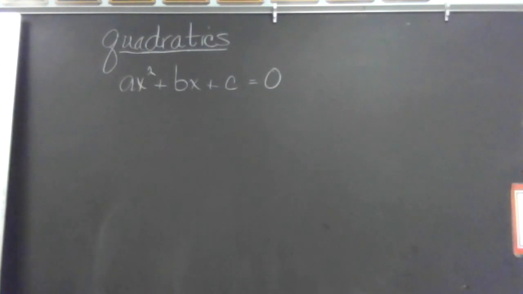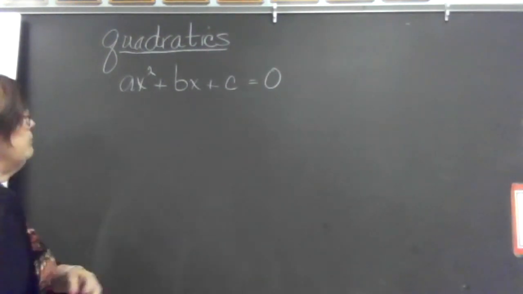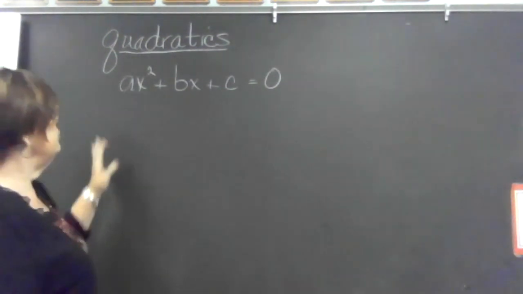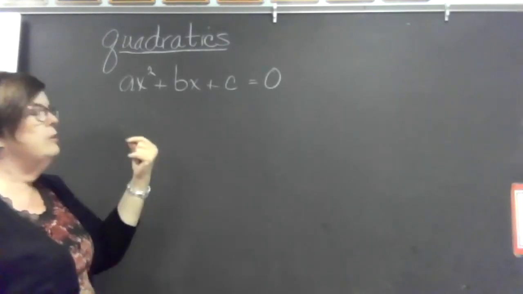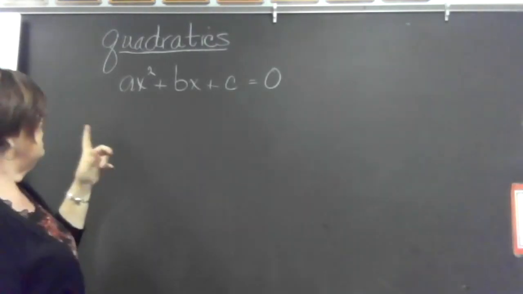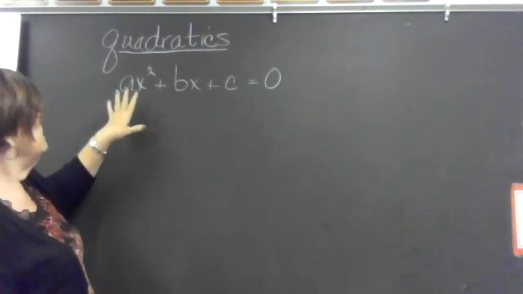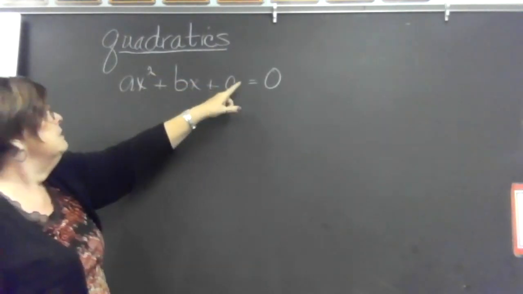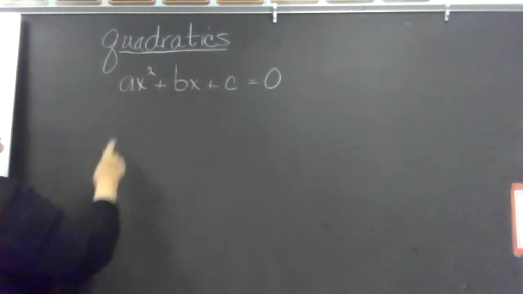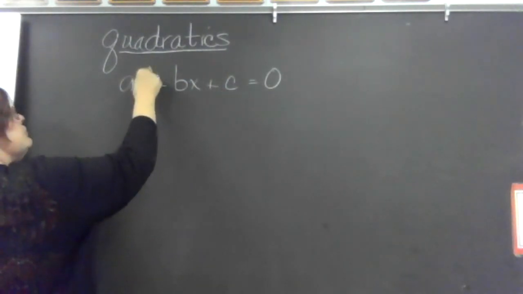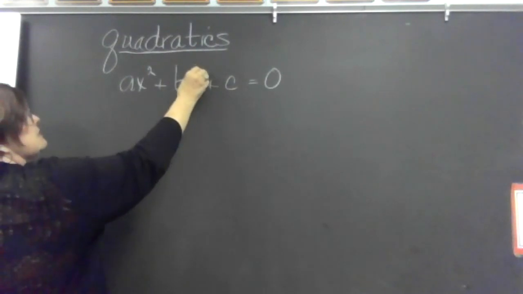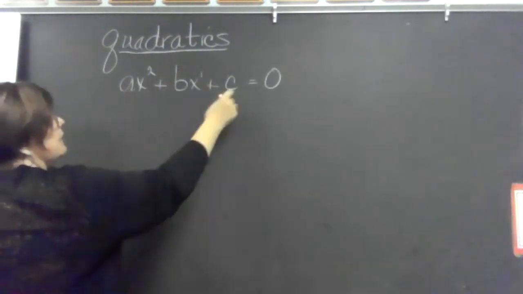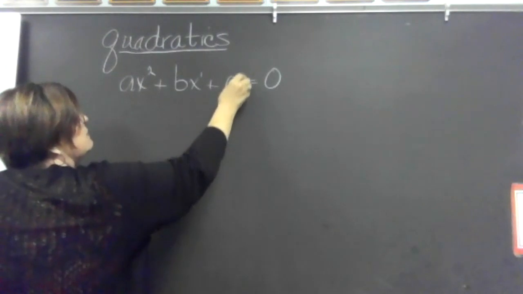Just leave them. Okay, one thing I want to point out here at the beginning is when you have a quadratic and we're going to work with it some way, we need to make sure that it is in the order of descending exponents, which means the largest exponent goes first. Here's 2, and then this is an invisible 1, and then this would be x to the 0.